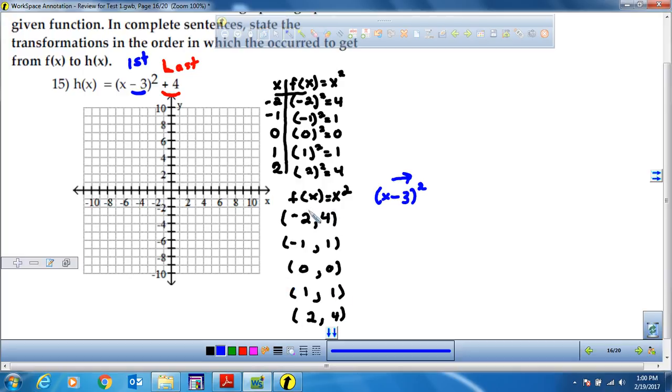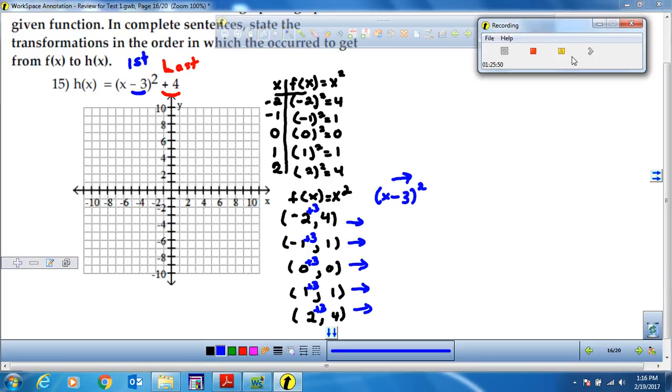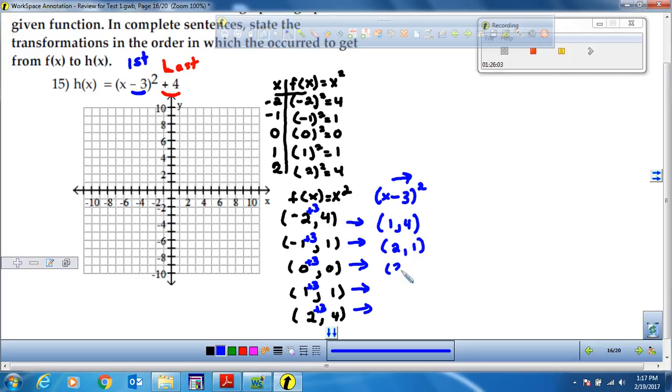All of the x values will be increased by 3 units. If it goes to the right, that means you're adding that number of units to the x's. Alright, so if we do that, that's going to give us (1, 4), then (2, 1), 0 plus 3 gives us (3, 0), 1 plus 3 is (4, 1), and 2 plus 3 is (5, 4).